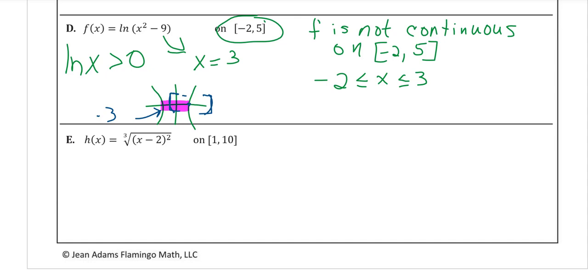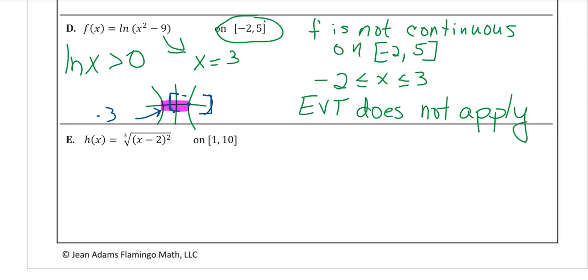So the EVT does not apply. So it is important that you have an understanding of what basic functions look like. And I know it seemed silly last year that we spent so much time on that in chapter 1, but it does come into play.